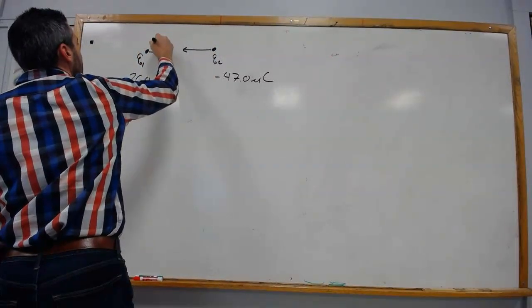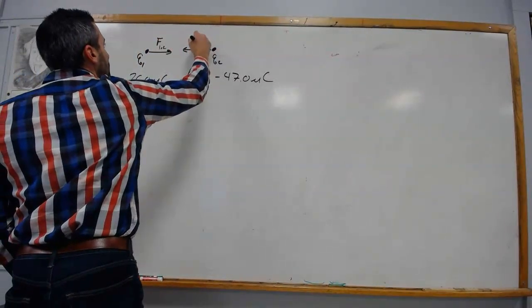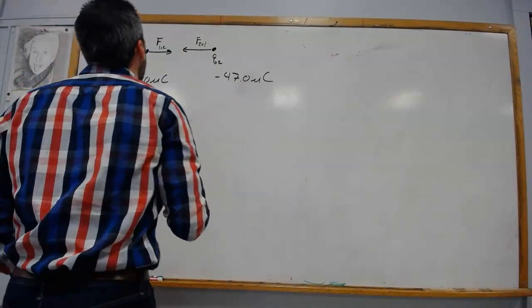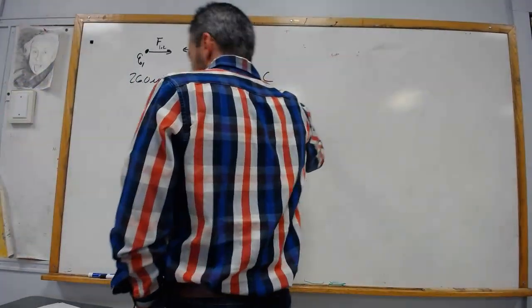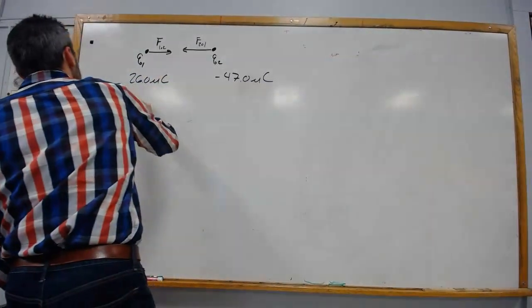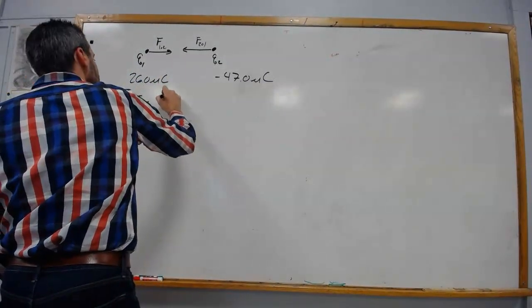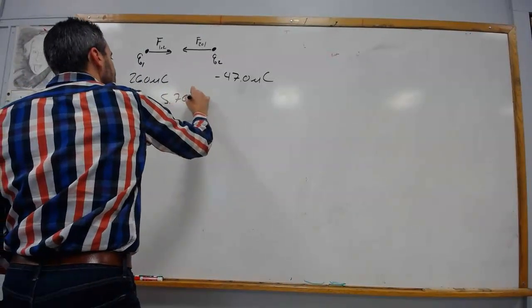So this would be F1 on 2. This would be F2 on 1. And very simply put, they told us the force was F equals 5.70 newtons.